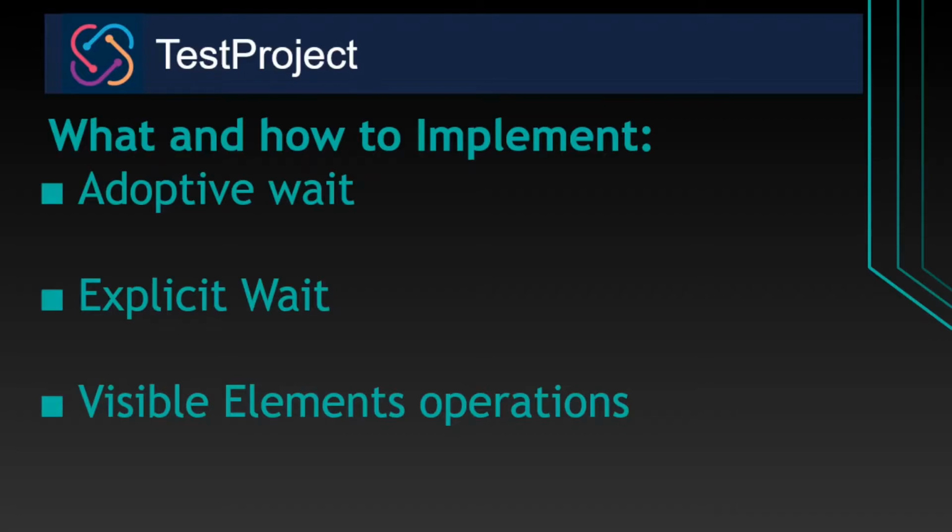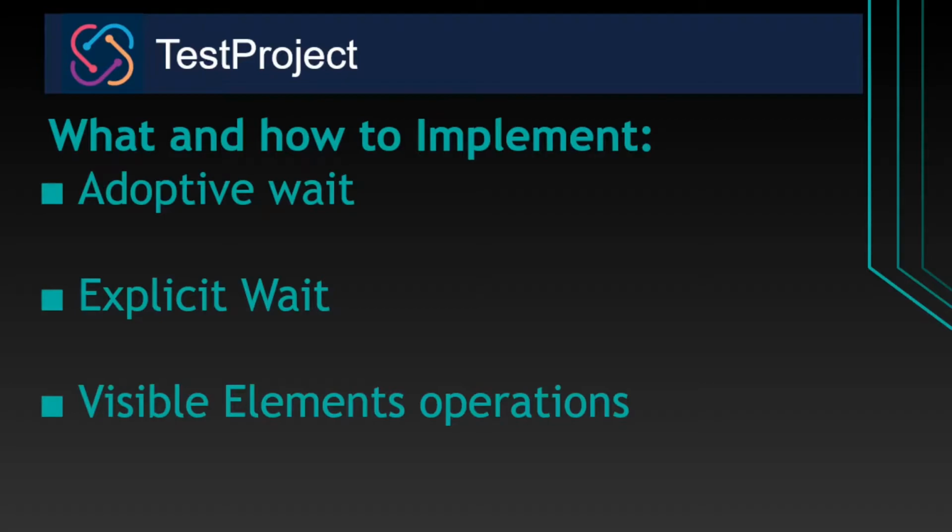With adaptive wait, the script, TestProject, will wait until the response has been received from the server. As soon as you get the response, it goes to the next step. It will not wait for the defined time.